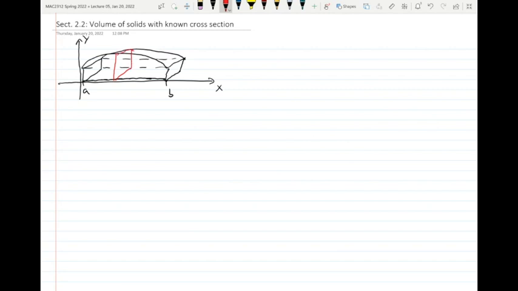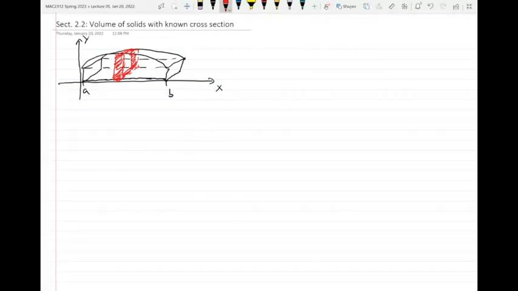Now the slice, let's take it with some sort of thickness, okay? So there will be a little thickness attached to it. And then we have this. Okay, so think of this as a little slice of the bread.